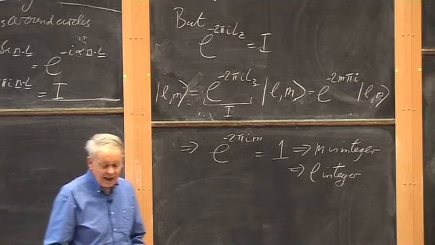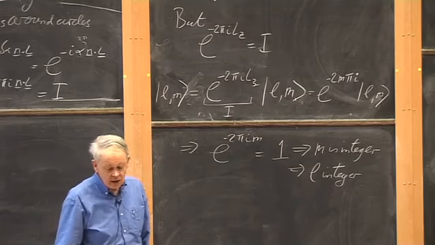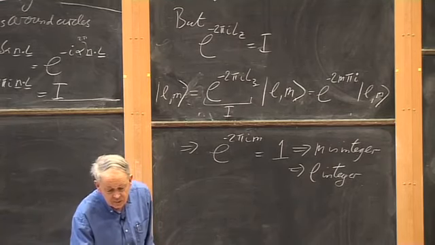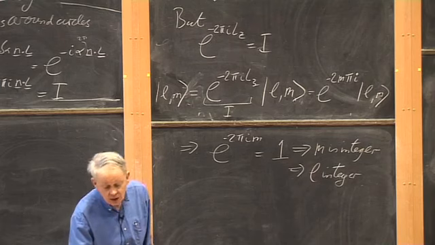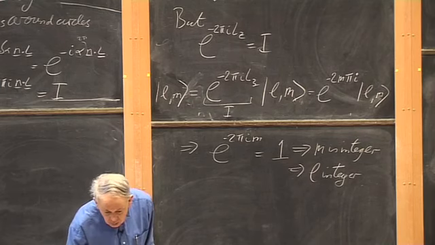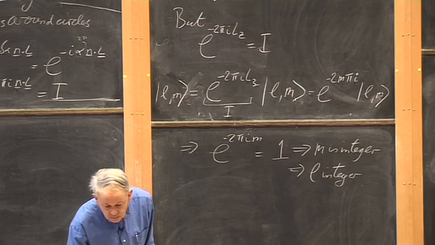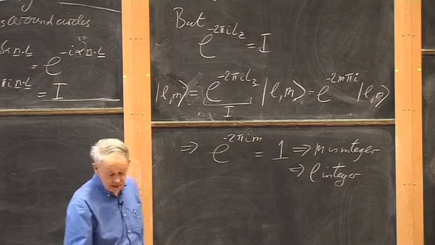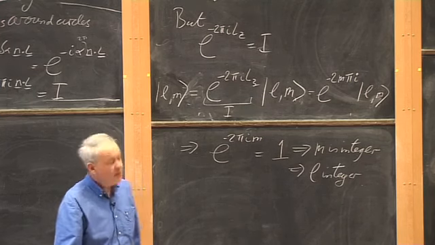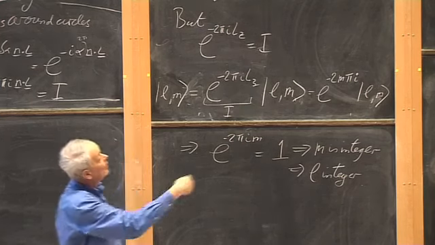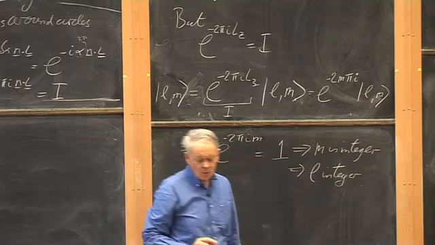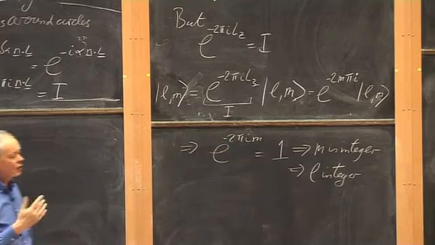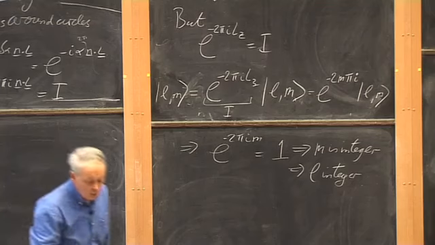So what we learn from this, in some sense, is, let's just do this again. When we have translated our system all the way around a circle, it's come back to where it was, same orientation, everything the same, right?